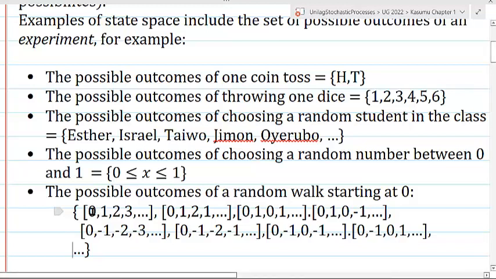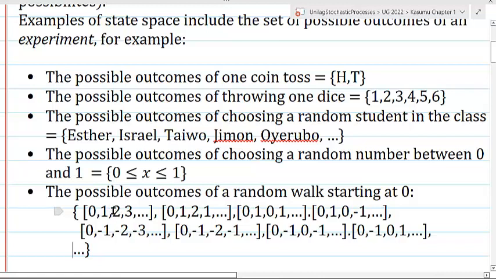Now, the first step could either be to 1 or to -1. Let's take first the case where the first step is 1. The second step could either bring me to 2 or to 0. Let me consider first the outcomes where the second step takes me to 2.